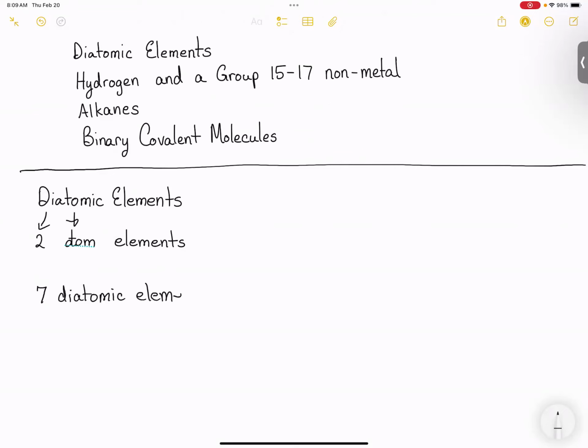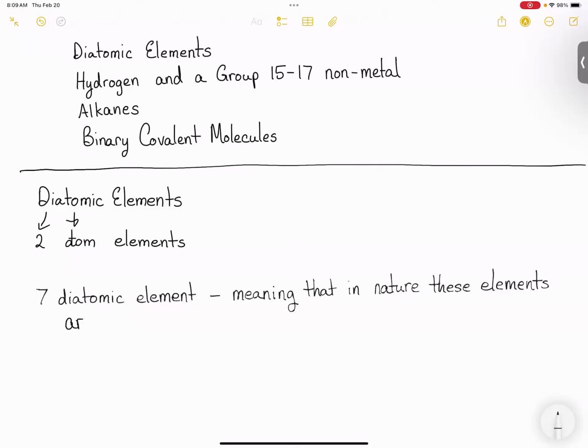Meaning that in nature, these elements are found in pairs.